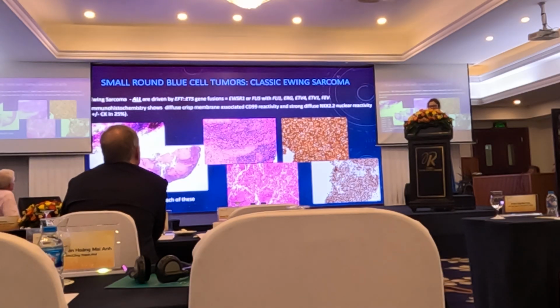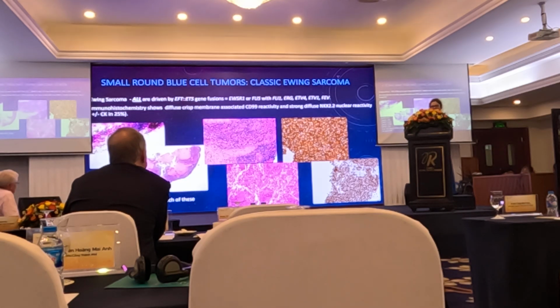The classic Ewing sarcoma is a remarkably monotonous blue cell tumour. When we get, for example, a bone biopsy, we will roll the bone core on a slide. Soft tissue is a bit easier to get cells to stick, because sometimes in a bony tumour they're hidden behind the matrix if it's a small cell osteosarcoma.